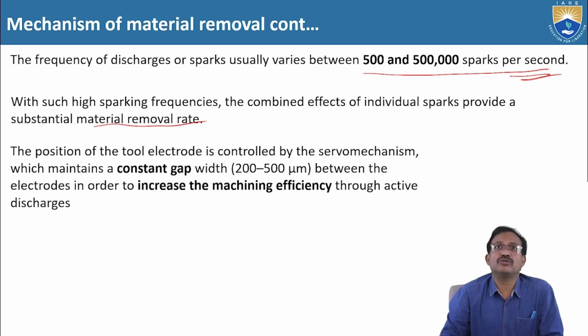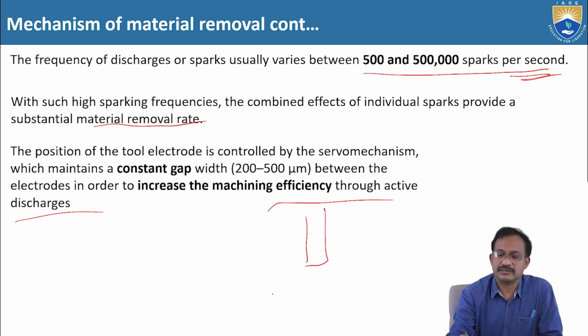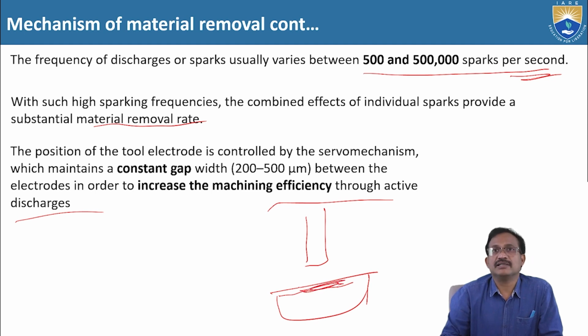The position of the tool electrode is controlled by the servo mechanism, which maintains a constant gap width of 200 to 500 microns between the electrodes in order to increase the machining efficiency through active discharges. See here, when the material is constantly removed, the gap between the tool and workpiece will increase.